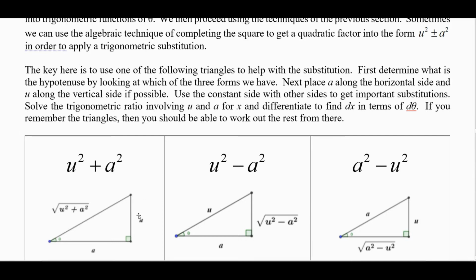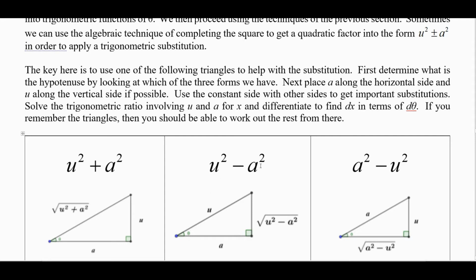In other words, the variable expression, maybe it's just x, or maybe it's some expression of x, like 3x, you let that be the vertical side, and the a, some constant, 4, 6, whatever, is going to be down here on this side. So put the constant on the bottom and the variable on the vertical side when you can.